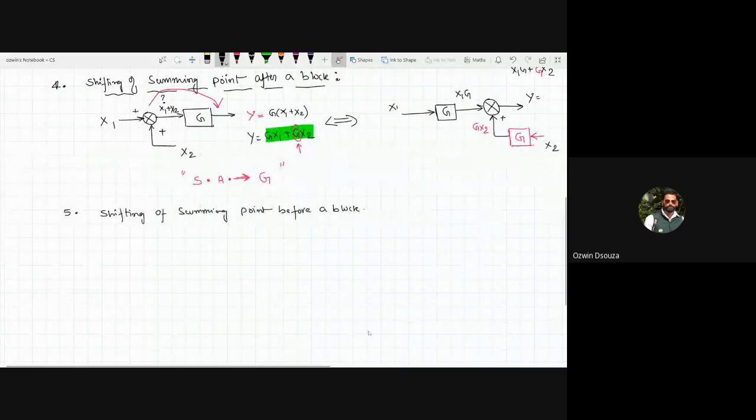Let's say you have this particular scenario in your block diagram.